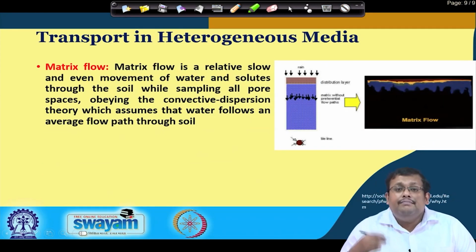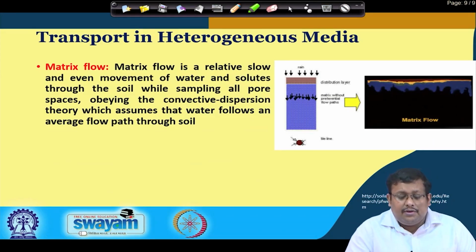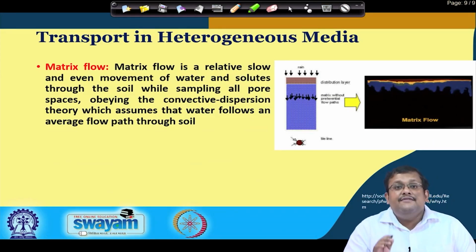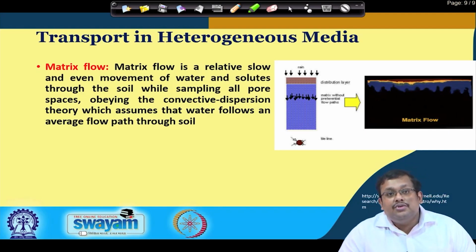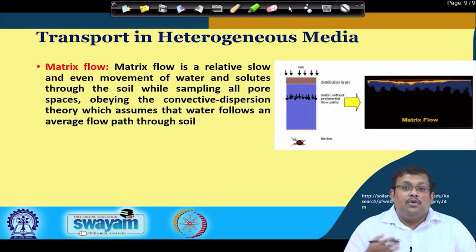So, the opposite of the preferential flow is matrix flow. Matrix flow is a relatively slow and even movement of water and solutes through the soil while sampling all pore spaces, obeying the convective dispersion theory, which assumes that water flows along an average flow path through the soil.